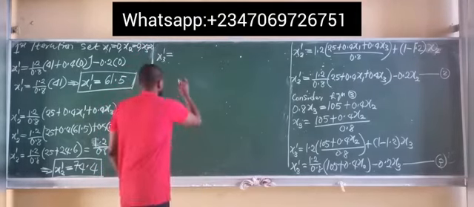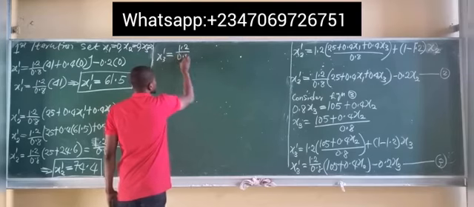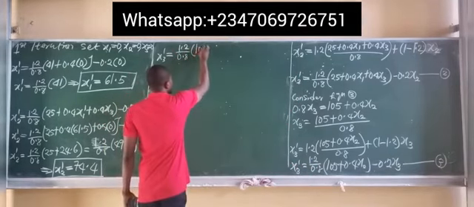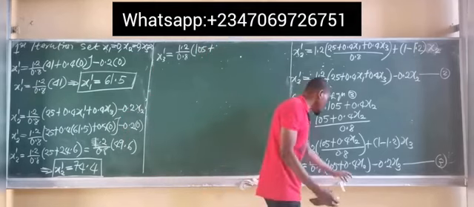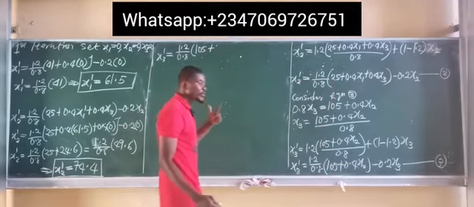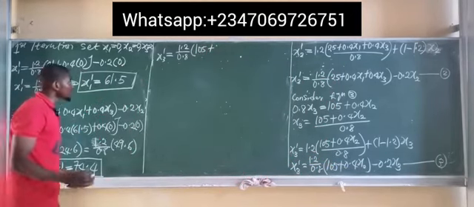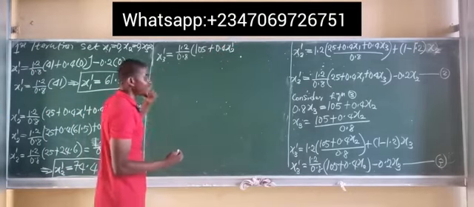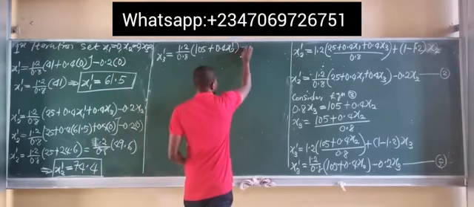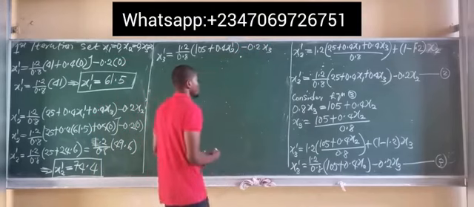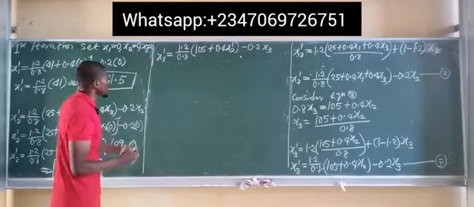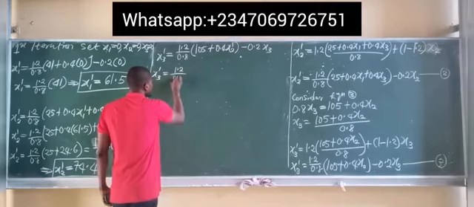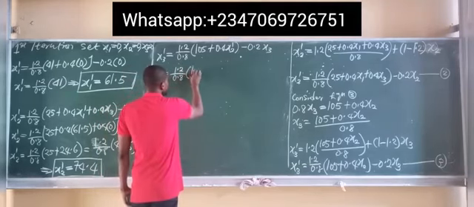So we put down the equation: 1.2 all over 0.8 multiplying all through by 105 plus 0.4 x2, but this is now the previous iteration of x2, which we obtained as this, minus 0.2 x3, which is also unknown. Previous iteration of x3 remains 0.